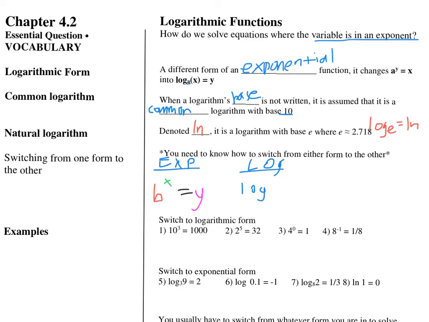And so in this case, since the base is b, the base is going to be b. And so what I always say is the base is the base. And so both of these forms have a base. Now, in the exponential form, the base is written as a normal number, whereas in the logarithmic form, the base is written as a subscript. But the base of the exponent becomes the base of the log.